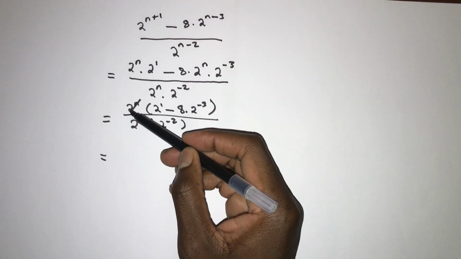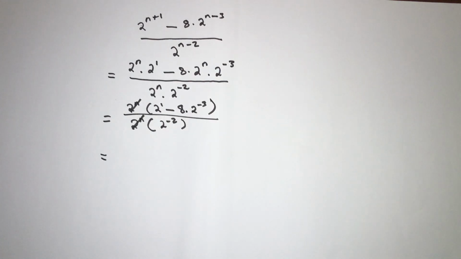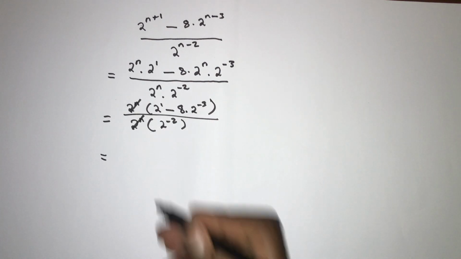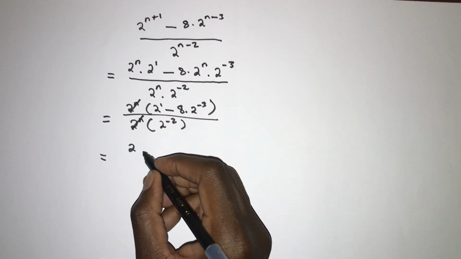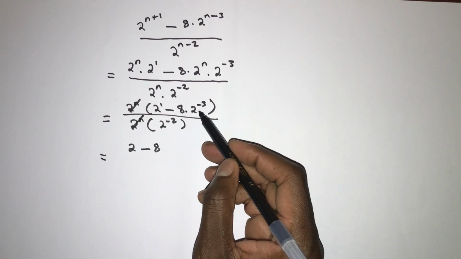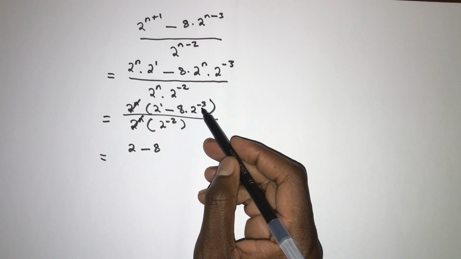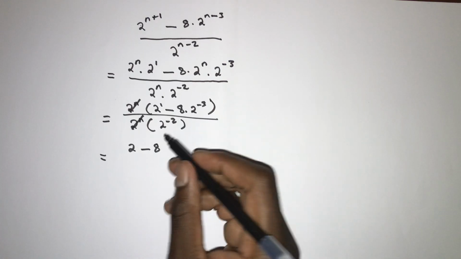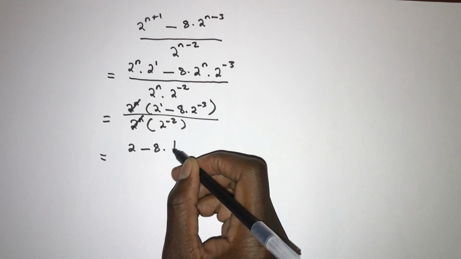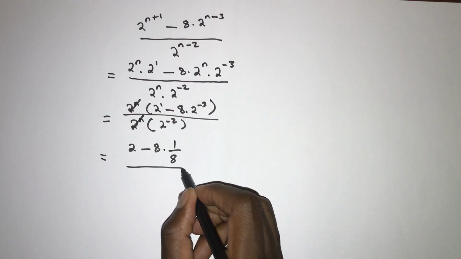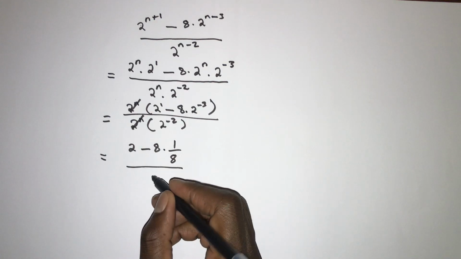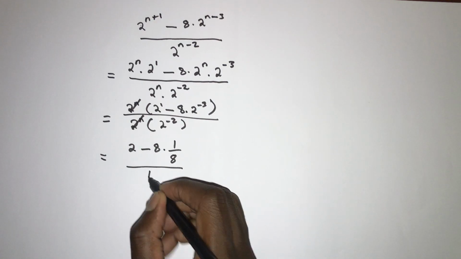And then 2 exponent n, 2 exponent n, they divide each other or they cancel out. So here we are left with 2. 2 exponent 1 is 2 minus 8. 2 exponent 1 over 2 exponent negative 3, that is like 1 over 8 over 2 exponent negative 2, that is like 1 over 4.